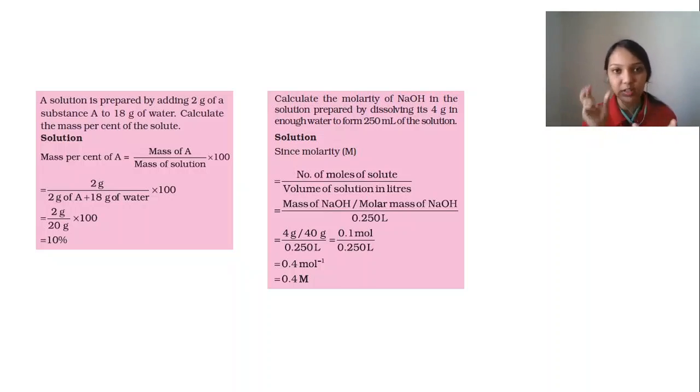Mass of NaOH is 4 grams. Find the molar mass of NaOH, Na plus O plus H, which is 40 grams. Divide by 250 ml, which when converted into liters becomes 0.250, and we obtain the answer.